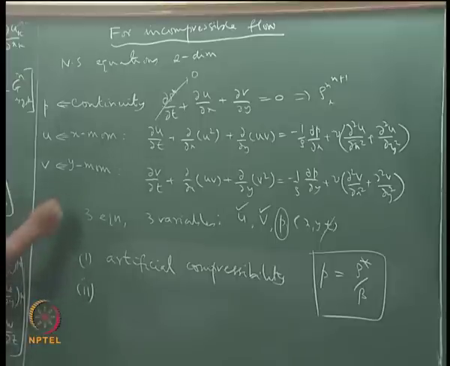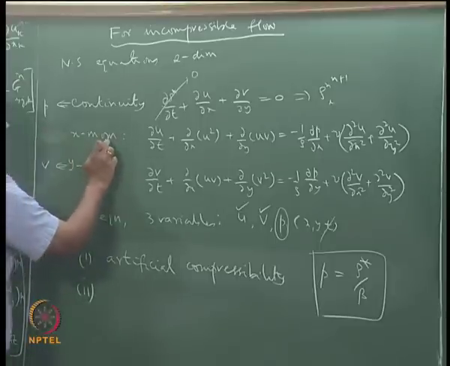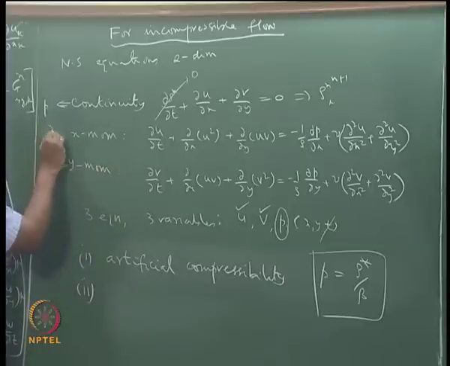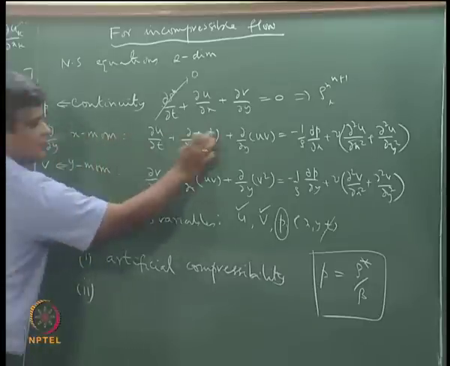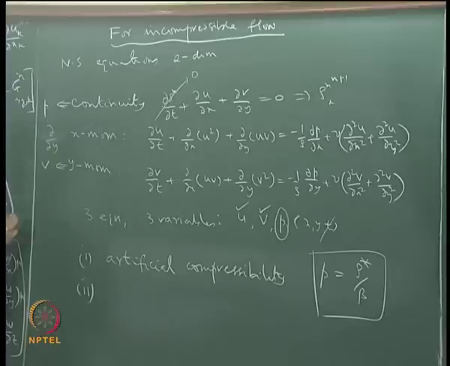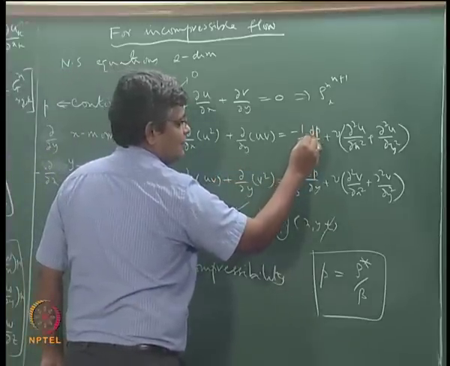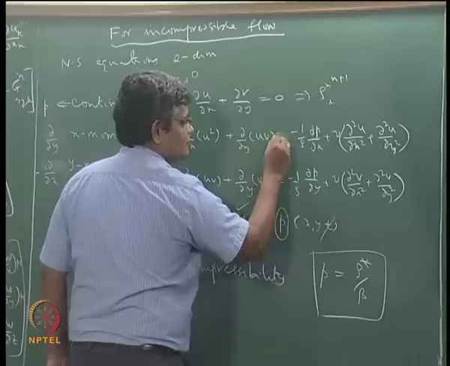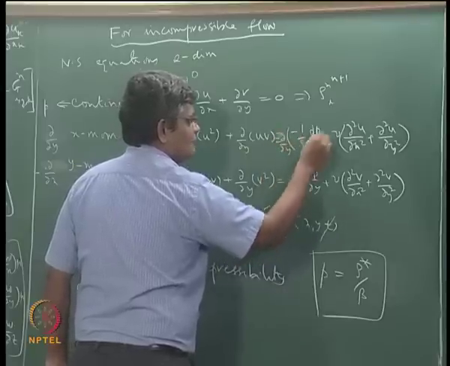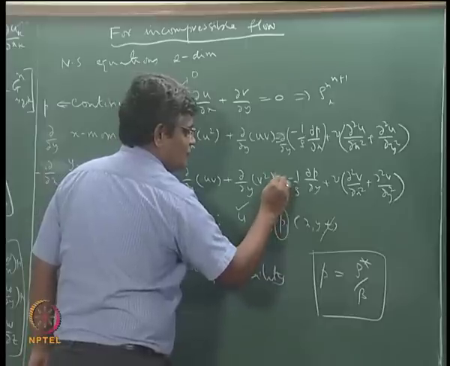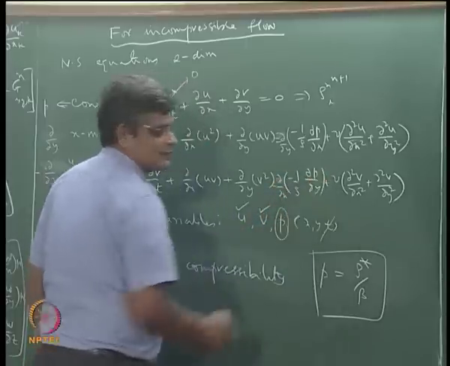For example, if you take the derivative with respect to y of every term in the x momentum equation, and you take the derivative with respect to x of every term in the y momentum equation, and then you subtract, there will be changes here. This term will have dou by dou y of this, and this term will have dou by dou x of this.